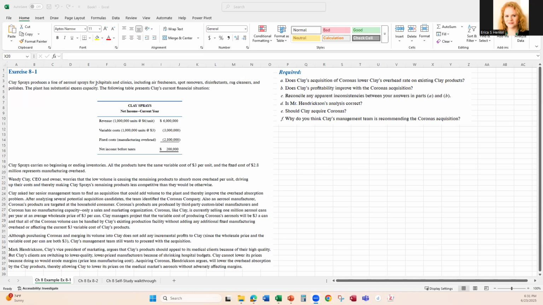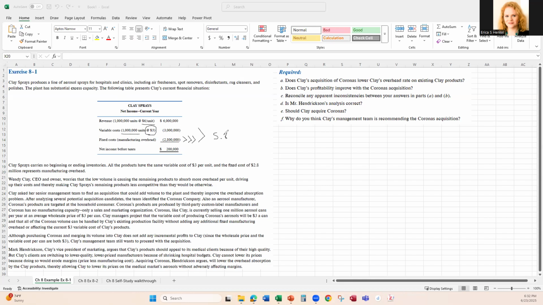So we've got Clay Sprays, and they produce high-quality aerosol sprays for hospitals and clinics. Currently they have the following financial information here. They are selling items for $6 per unit, and they have a variable cost of $3 per unit, plus $2.8 million in overhead, which if you average that into this cost, right? $3 per unit, and at 1,000,000 units here, this would be $2.80 per unit.